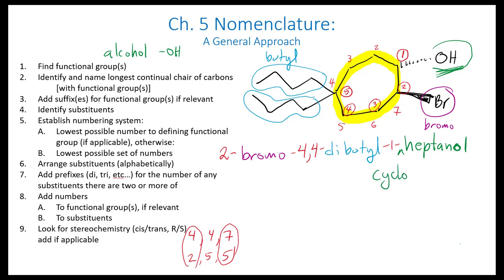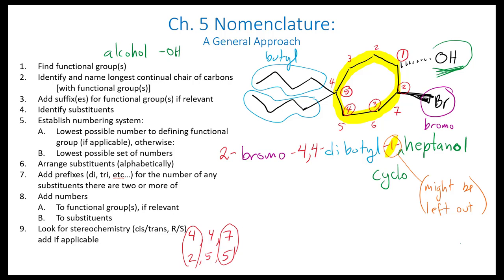At any rate, because the 1 is in a ring, and the lowest number has to be that group, it's always going to be 1, and so occasionally you'll see that 1 in a ring, where it's the defining functional group, left out. And that, I suppose, is people rebelling against the nerds in Switzerland and saying, well, it's just obvious that that's what it is, and so we're not going to bother.